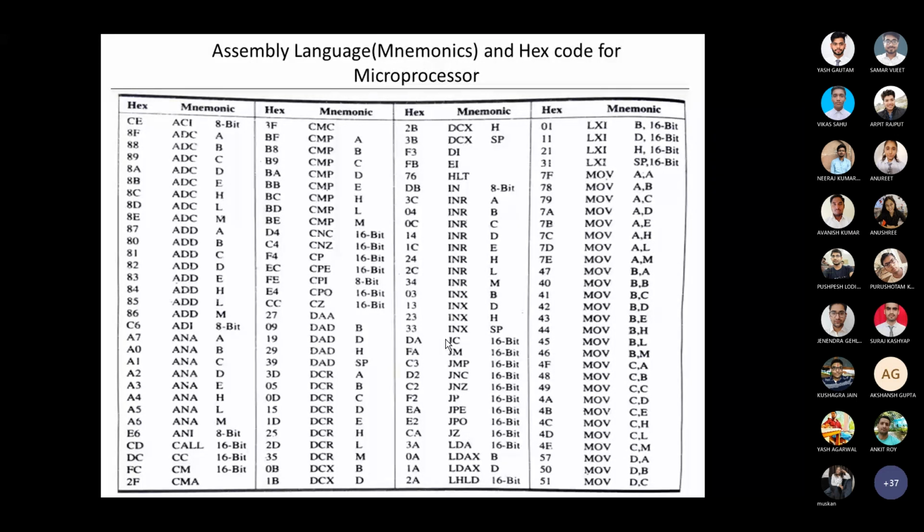So we have the ASCII keyboard, and we have entered ACI; then it will generate the hex code for the microprocessor, and it will understand that it is this instruction. Suppose we have CMP A. You can see here BF for CMP A or B8 for CMP B.